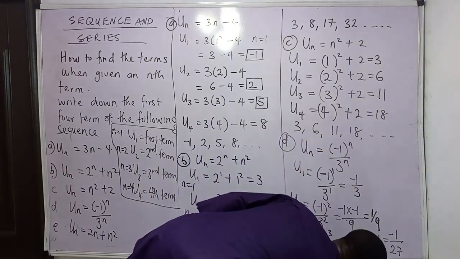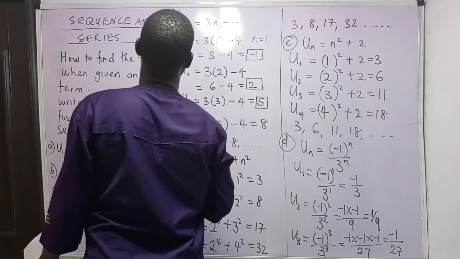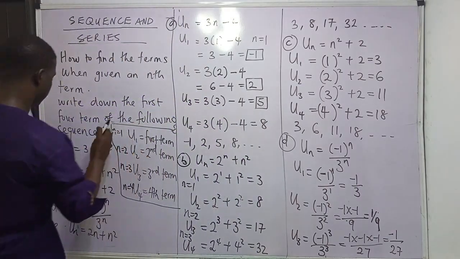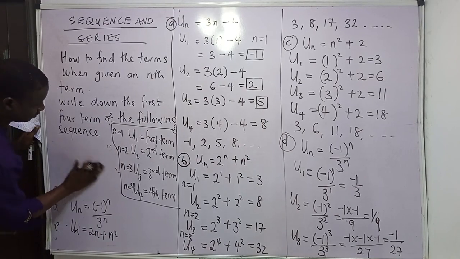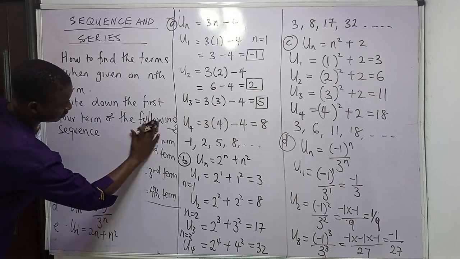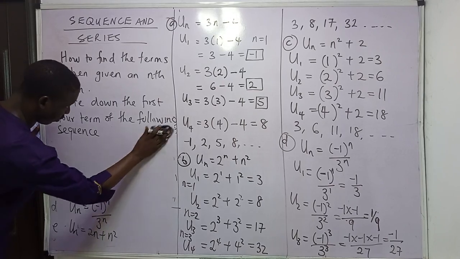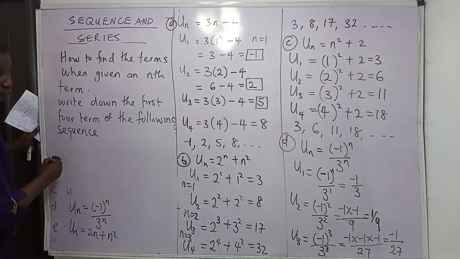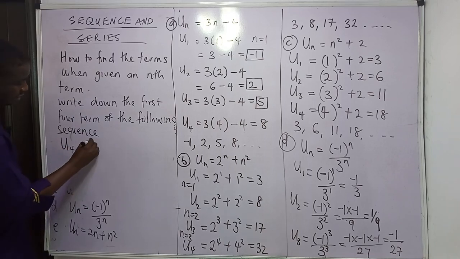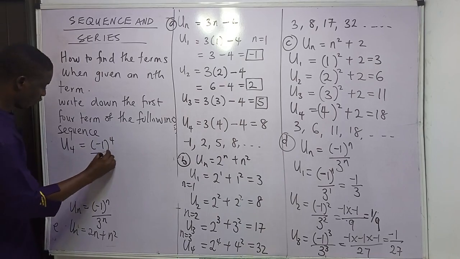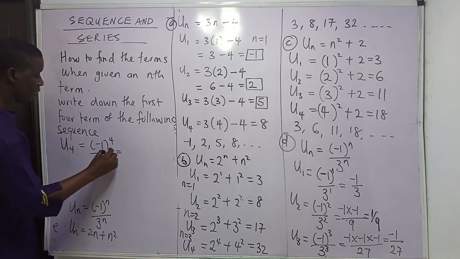Now, what do we have next? The last part of that question is u4. u4 is equal to minus 1 raised to 4 over 3 raised to 4.